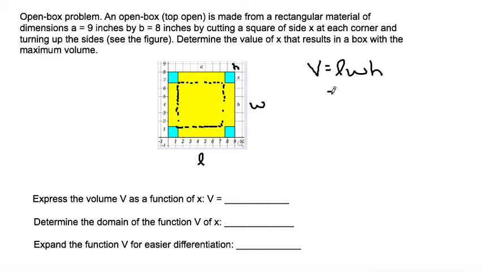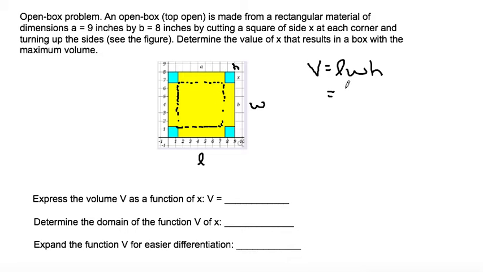Okay, so the first question is asking us to express the volume V as a function of X. This side is the same as A, which we know is 9 inches in total, but we're cutting out a piece of length X here and a length of X here.